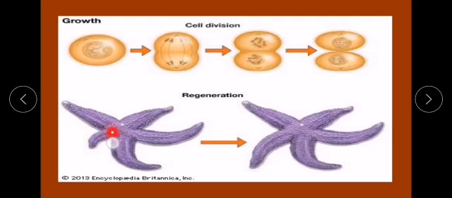What actually happens over here? In this damaged part, the cells start dividing by the process of mitosis and add new cells. And in this way a new arm is regenerated. So this is what we call regeneration, in which mitosis helps the living organisms. So this was all about the importance of mitosis in the biological world.